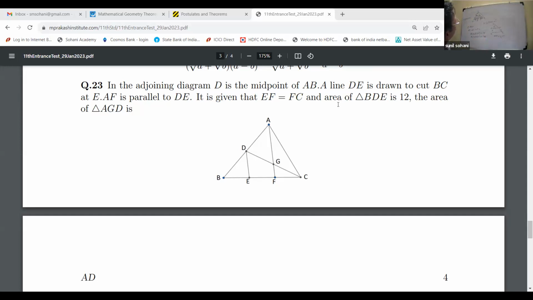Now again applying midpoint theorem in the triangle CDE.